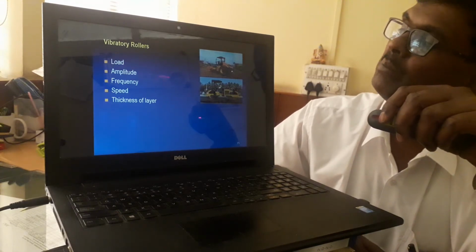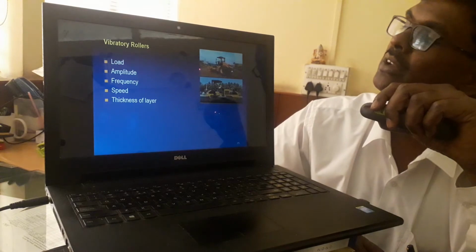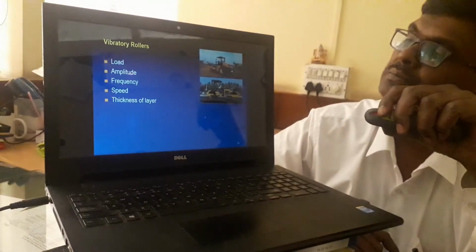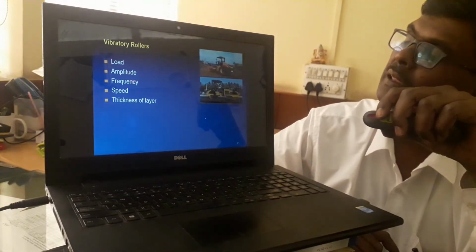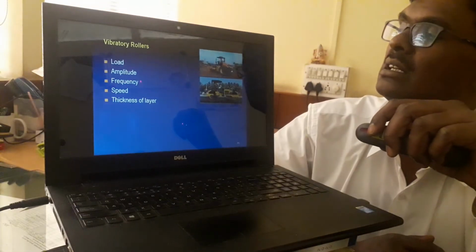What is this amplitude? When vibration is switched on, the drum rises above the surface, and the gap between the surface and the drum, when vibration is given, is called amplitude. And frequency, the number of hits per minute, vibrations per minute, is frequency.